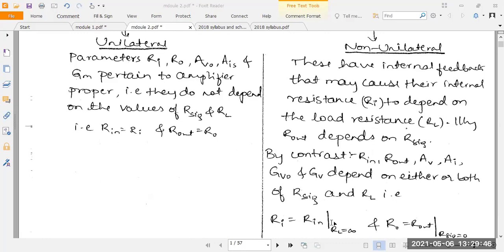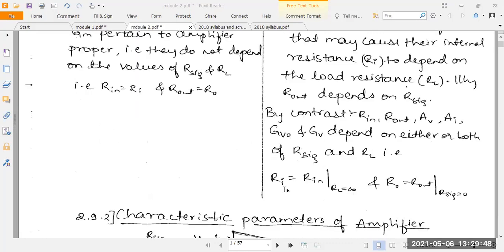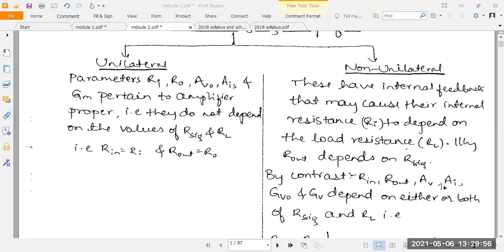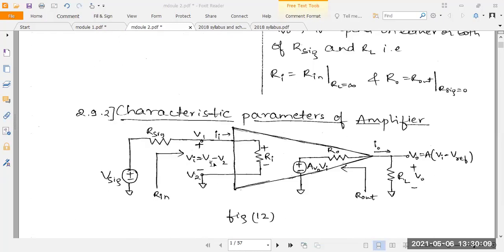Then again the total input resistance when RL is infinity, and the total output resistance when R signal is 0. So unilateral means we find the parameters within the amplifier, and non-unilateral means we find the parameters outside the amplifier. Understood?